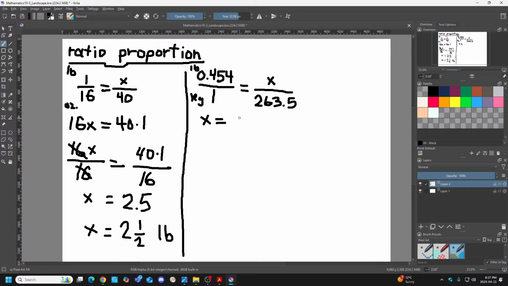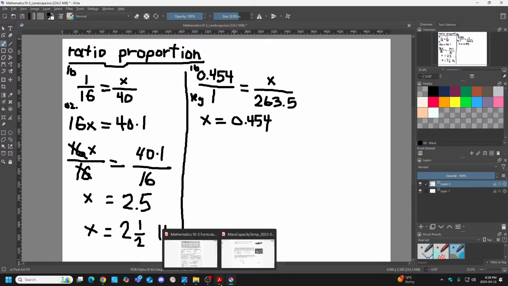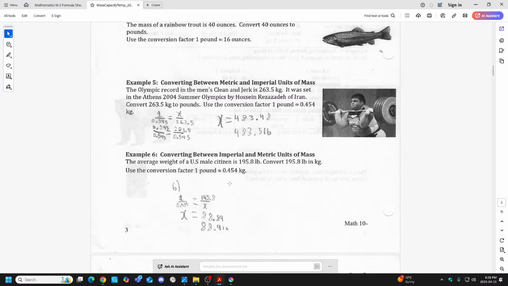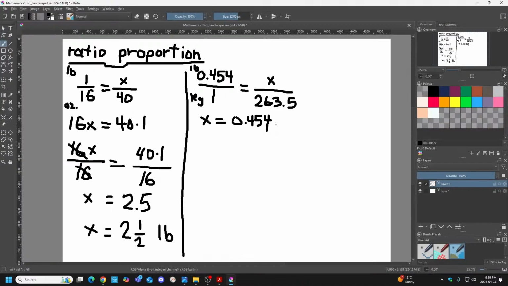So now it's going to be 0.454. Hopefully I wrote that properly and didn't mess it up. Check your work, guys. Double check. If you have a rough idea what the answer is going to be in your head, and you have that correct answer, you're going to be good.